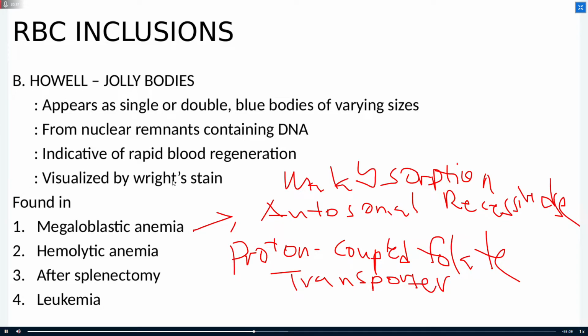Okay, I remember now. Proton coupled folate transporter. This was responsible, class, for decreased intestinal absorption of folate.